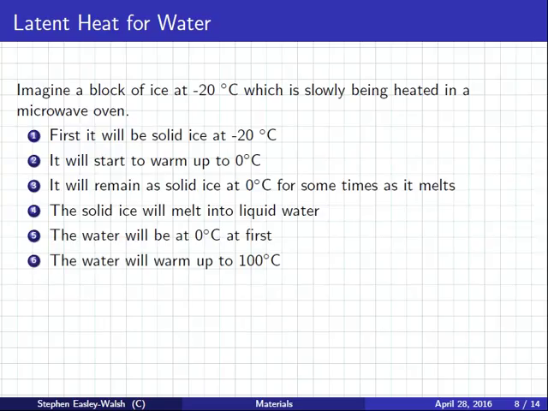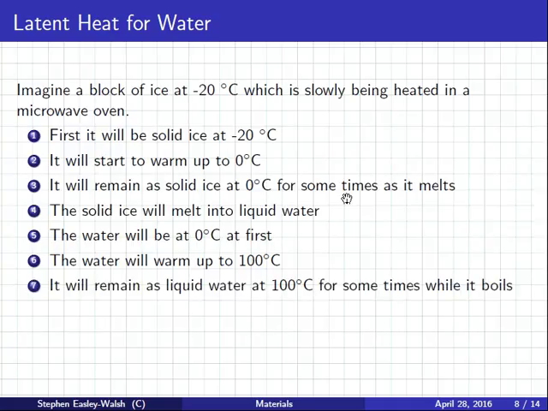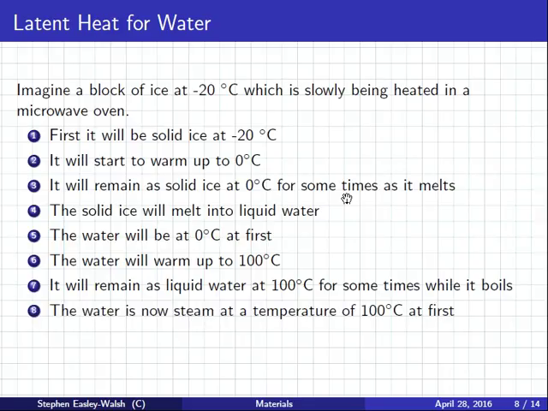It heats up until it becomes water at 100. But then some time will pass while it's at 100 and it's turning into steam. And then what will happen next? The water is now steam at 100 and now the steam will start to warm up and go past 100. Okay, you don't need to write this down, I just want you to get the picture clear in your head. But I think you all have it clear.